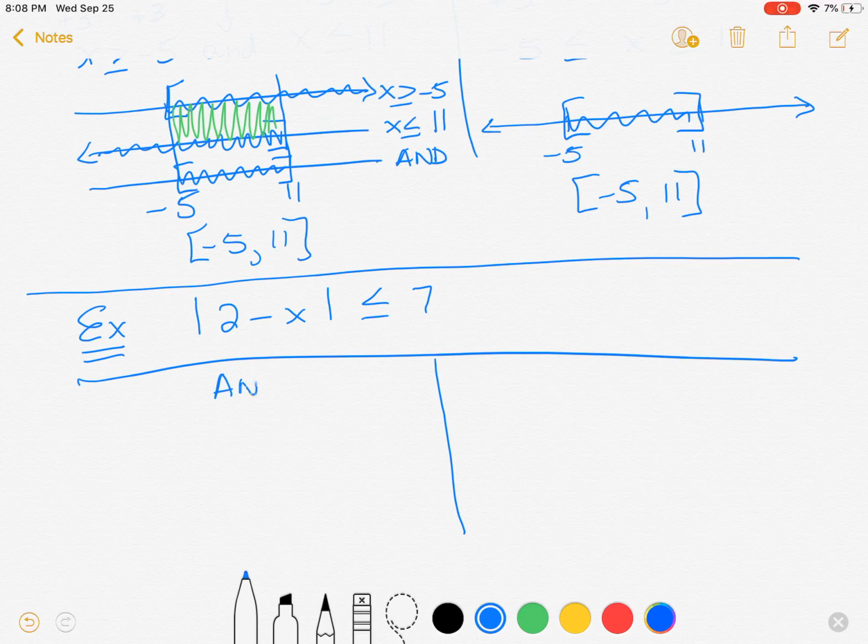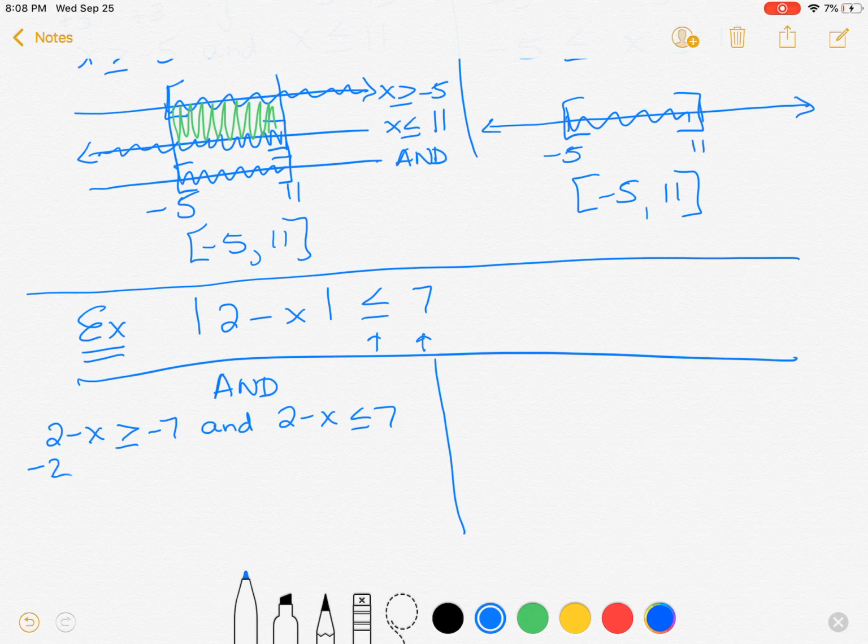With the and, we're going to set up 2 minus x less than or equal to 7 with the word and, then 2 minus x, flip the inequality sign and flip the sign on the number.